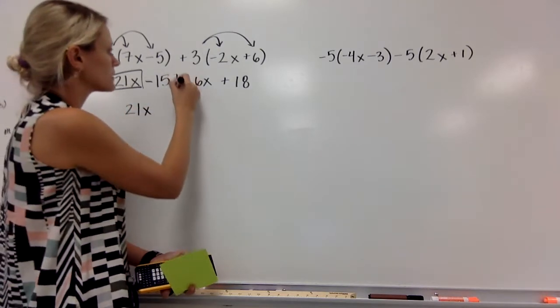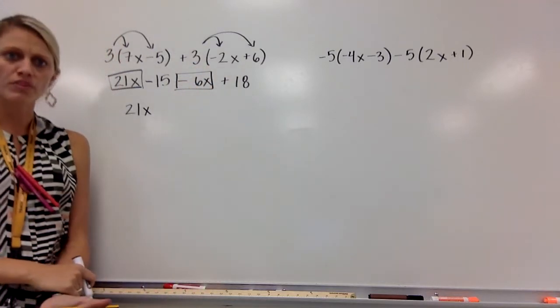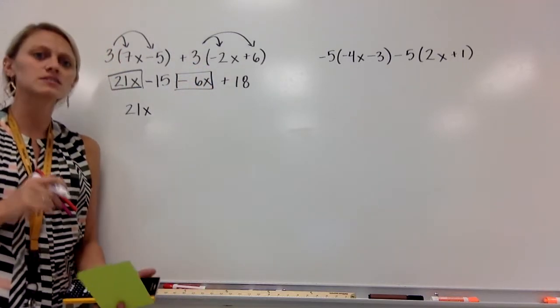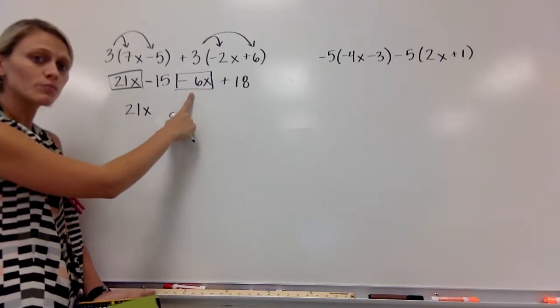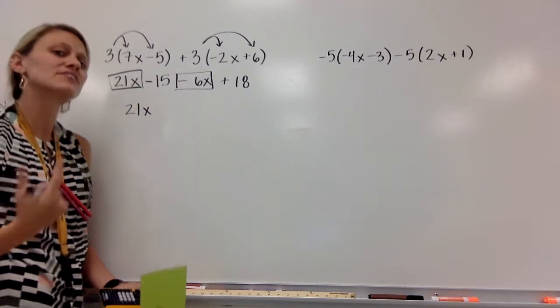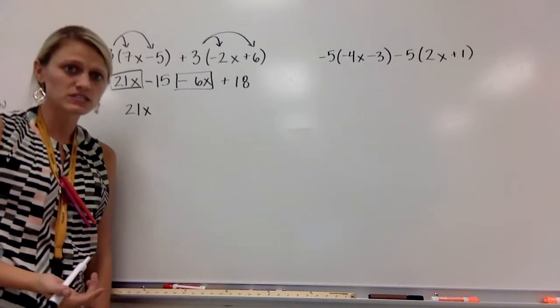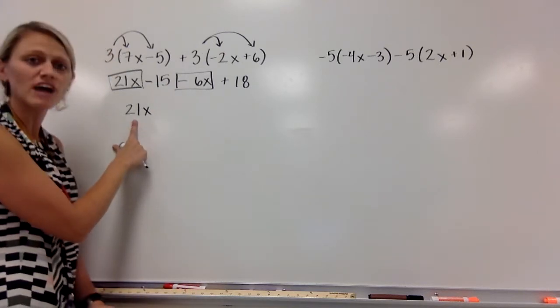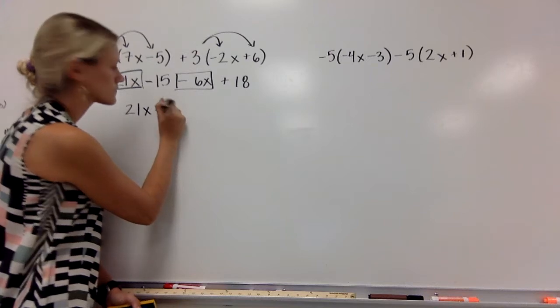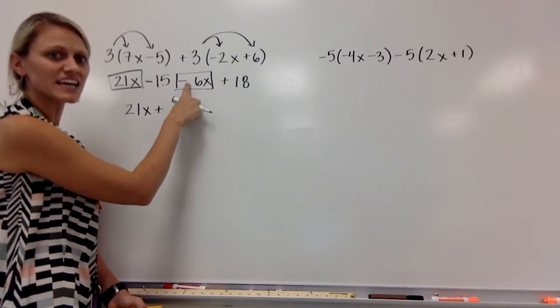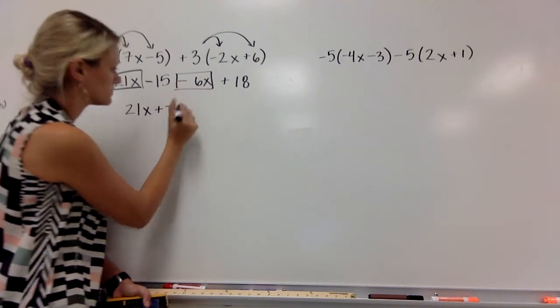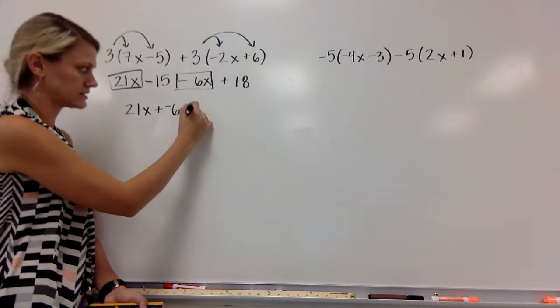Okay, so I have 21x's. I can combine that with this negative 6x's. This is where our issues are coming into play. We've got 21x's. We're combining that with negative 6x's. So what some of us need to start doing is saying, okay, I've got 21x's. I'm combining it, so plussing it, with negative 6 x's.